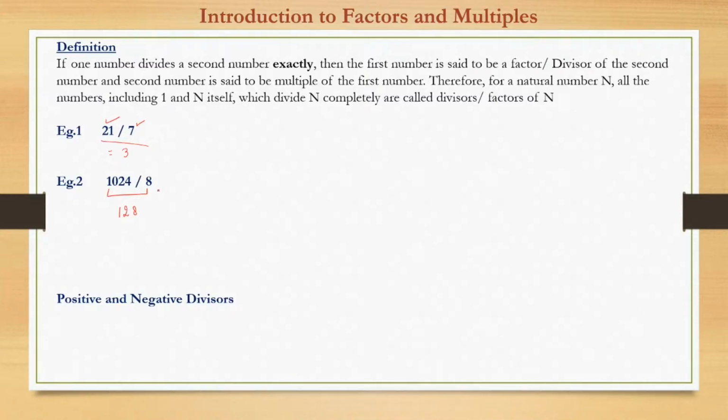So this is also exactly divisible, hence 8 will be a factor or a divisor of 1024 and 1024 will be called a multiple of 8. Or even a simpler example, let's take 8 and 2. We know that 8 is exactly divisible by 2, so 2 becomes a divisor and 8 becomes a multiple of 2. So this is a fairly simple concept.